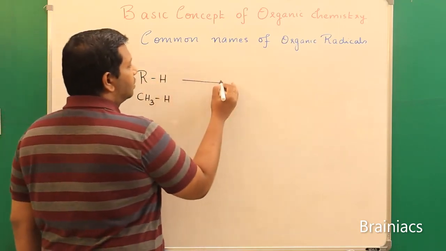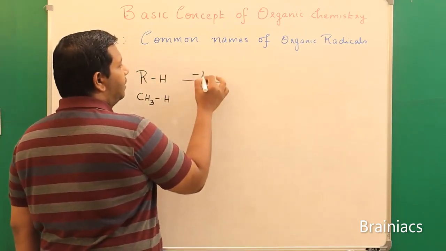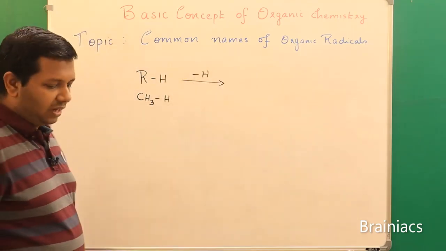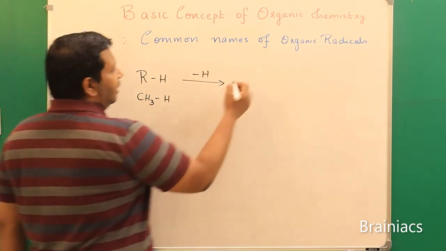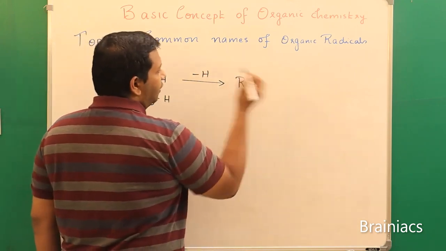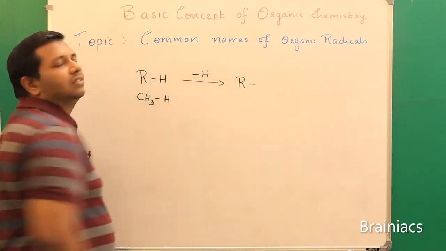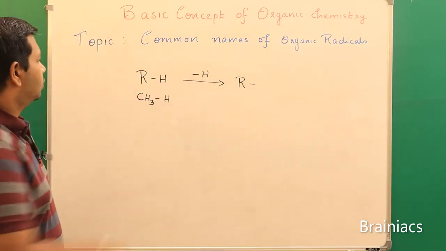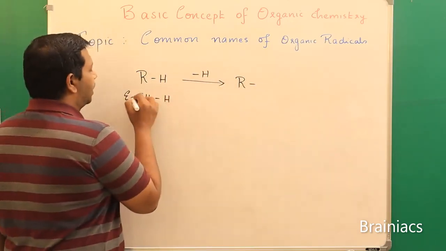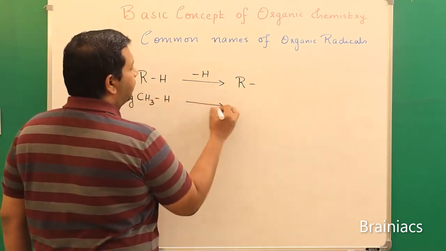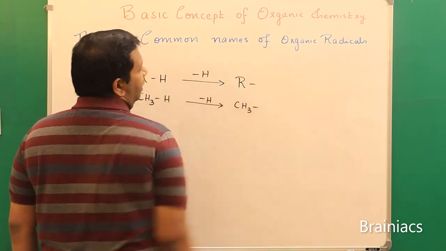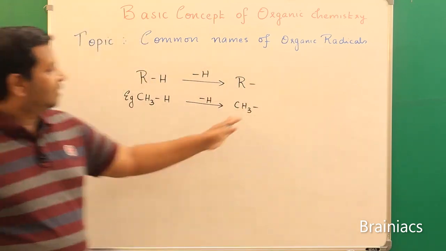Now in this RH, if I am removing one H, then what will happen basically? You will have R hyphen, and this species is called a radical. Similarly in the example, one H is replaced, so this will become CH3 hyphen. So I can say this is a radical.